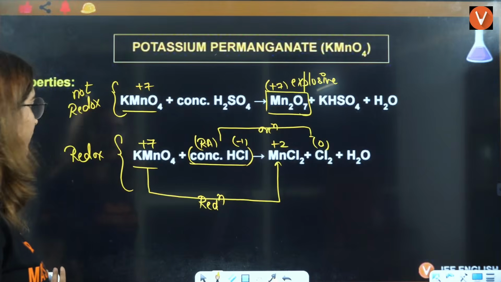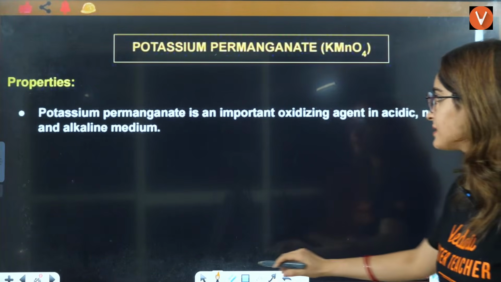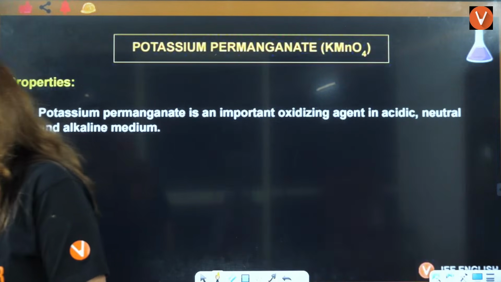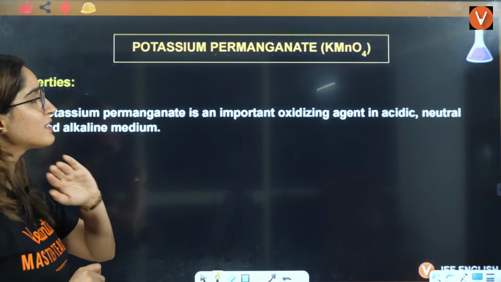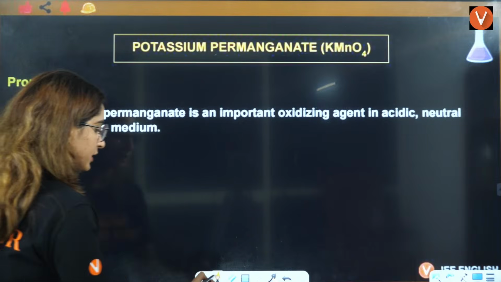Okay, got it, everybody? Now, next let's talk about a very important statement, that potassium permanganate is an important oxidizing agent in acidic, neutral and alkaline medium.